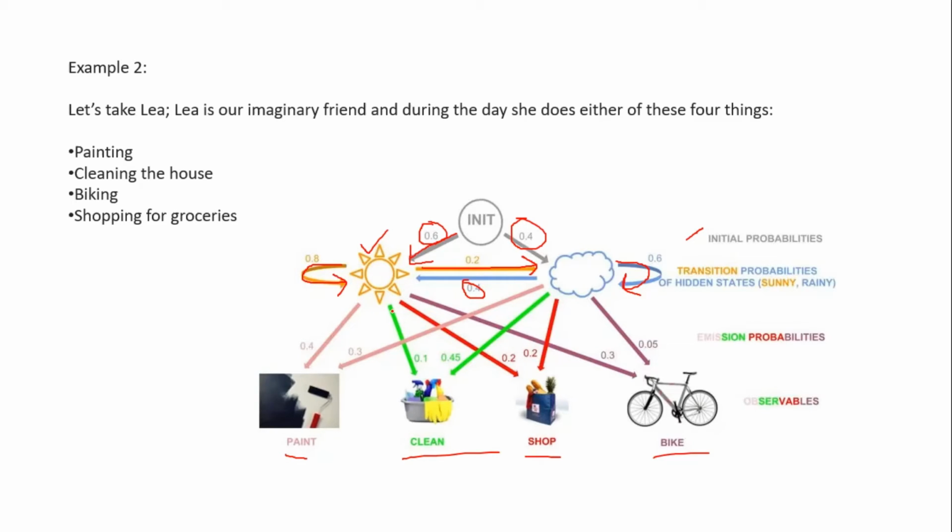That chance is 0.1. That is the emission probability. And the probability of clean on a rainy day. The same cleaning, if it is a rainy day, that probability is 0.45. Like this, you need to find out the emission probabilities.